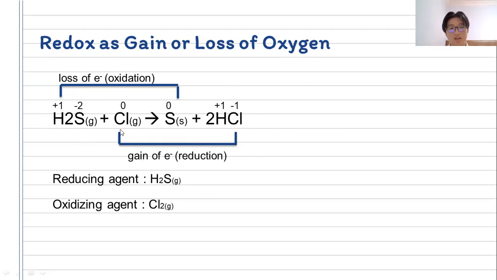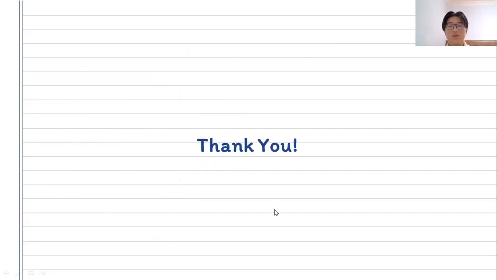You can see that Cl here is 0, but it gains some electrons, so it becomes -1. This process is called reduction. And the reducing agent is H2S because it lost some electrons. The oxidizing agent here is Cl, chlorine gas, because it gains some electrons.